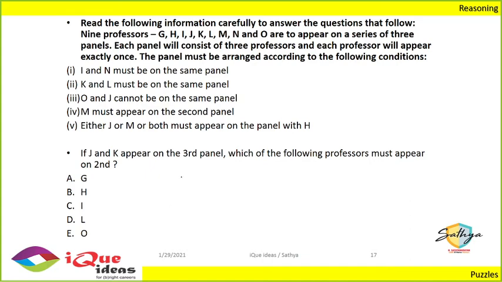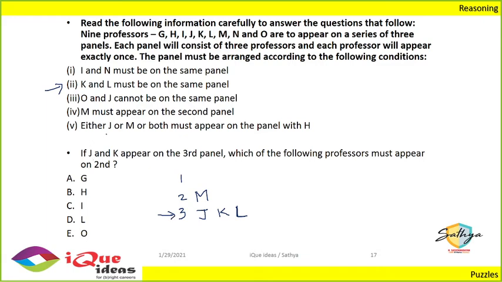Chalo. So there are 3 panels. The condition is that M already is established on the second panel, right? Now, let us say J and K appear on the third panel, then what are the conditions? Now, one is that K and L must be on the same panel, which means K and L have to be on the third panel here, which means the third panel is full.